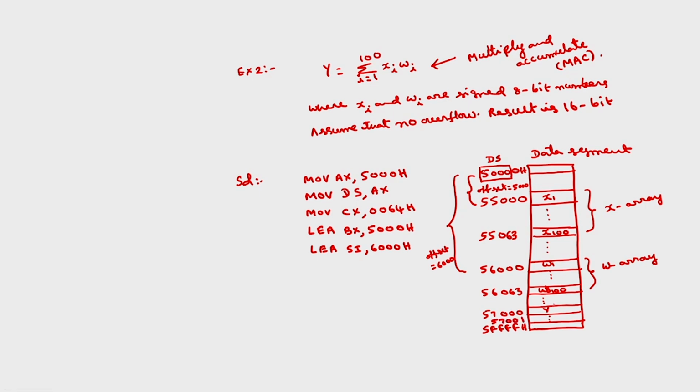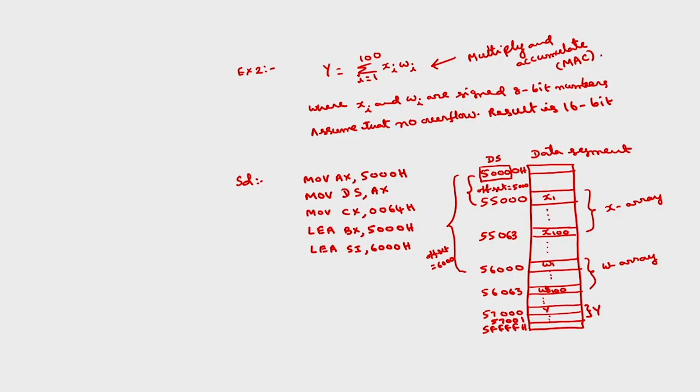I am starting with this: you have to multiply and then accumulate. For the accumulation, initially I will clear the accumulator, and whatever multiplied value I get, I am going to add to that accumulated value.